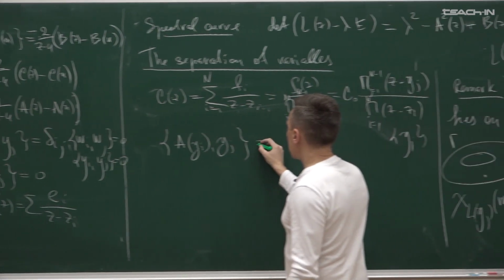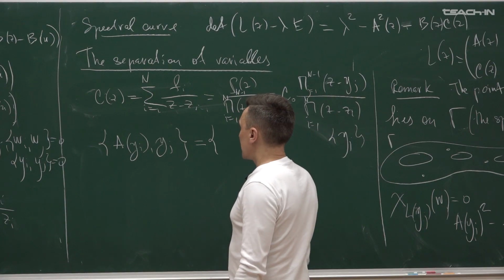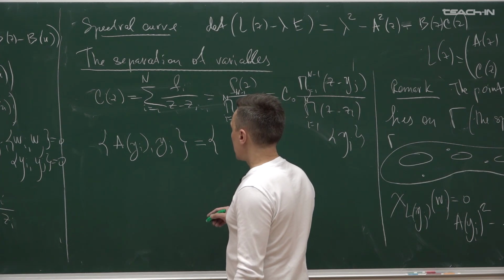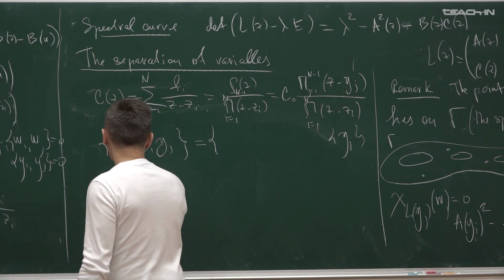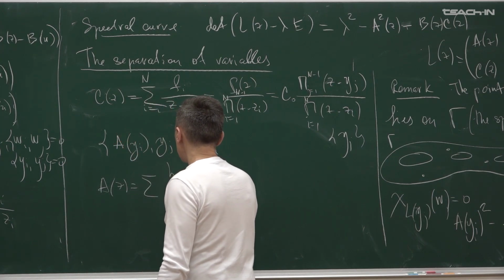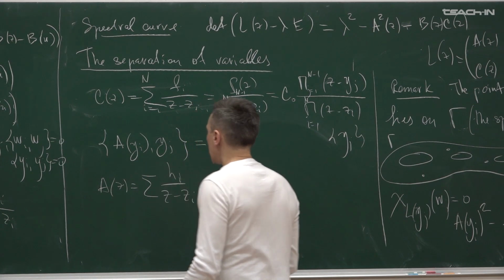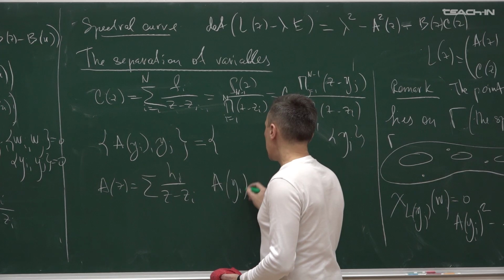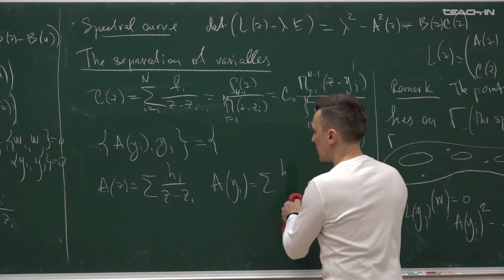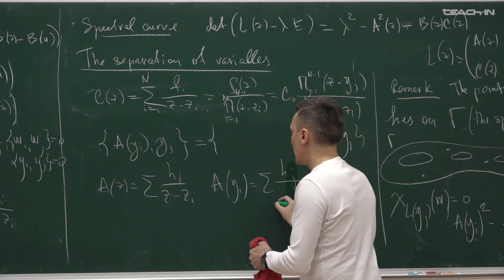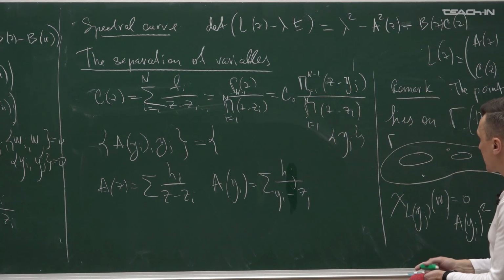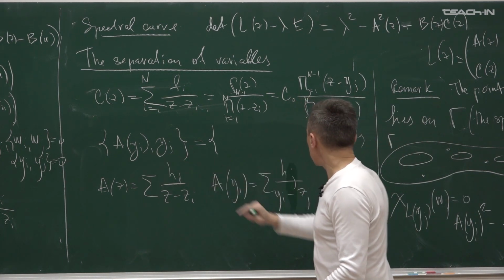Let me write that A of Z is the sum of H_j over Z minus Z_j, so A of y_i is the sum of H_j over y_i minus Z_j. Then I try to calculate this bracket.